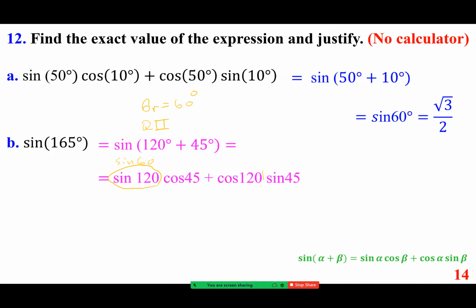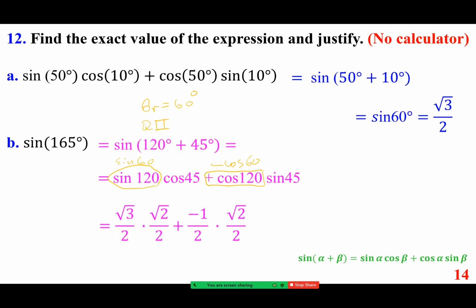Now this cosine of 120 is the same as cosine of 60, but in the second quadrant, cosine is negative. So this is minus cosine 60, which makes it minus 1/2. Okay. Sine of 45, of course, is square root of 2 over 2.